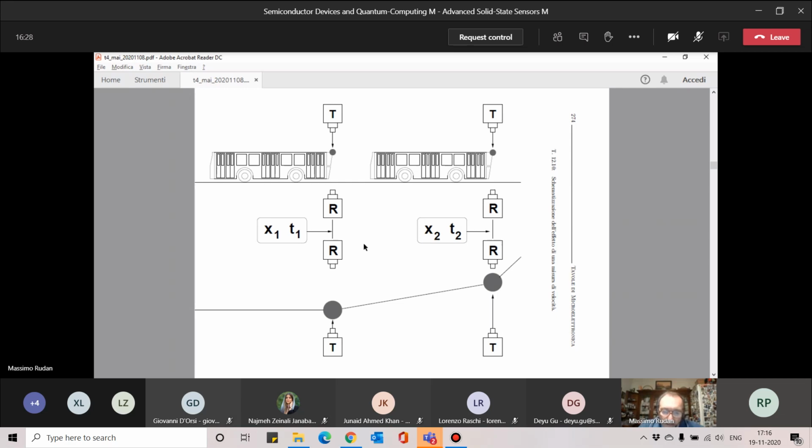So assume that, as you may see in the figure, the tennis ball to be measured is deflected upwards. Okay. At some point, it will cross position x2, and then there will be another tennis ball coming in that is ejected by the second transmitter.